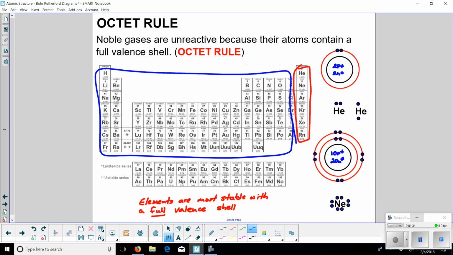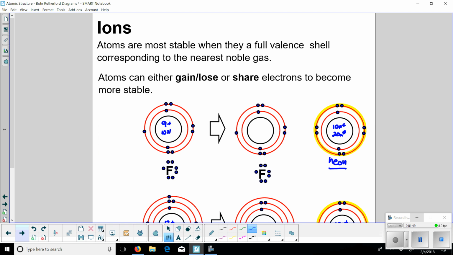Sometimes some of these elements will be losing electrons. For example, on this side of the periodic table, they might be gaining electrons, or they might even be sharing electrons. There are 3 ways we can do that. So we're going to be looking at the gain and loss of electrons to form these stable full outer energy levels. So let's look at an example.